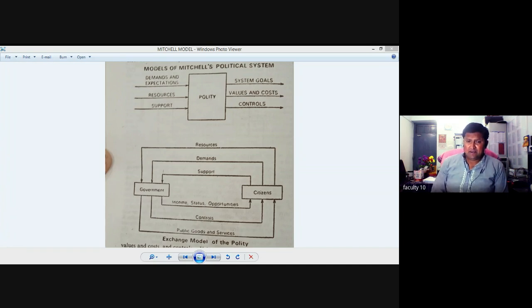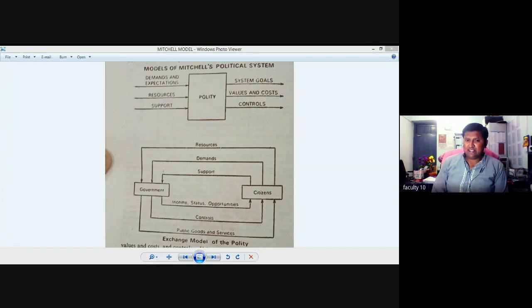From the citizen side to the government, the citizen provides resources, support, and demand. From the government to the citizen, the government provides income, status, and opportunity. The government controls the citizen, and provides public goods and services to the citizen.